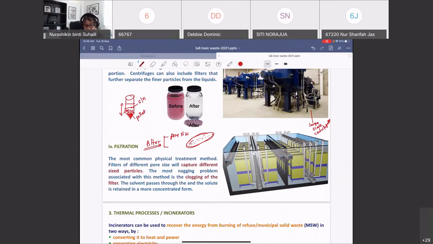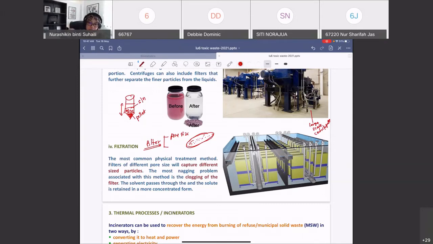So filtration is also a process used to separate toxic materials from the suspension, whatever the suspension is, by using filters with an appropriate pore size. Let's say you want to filter pathogens. You should know the size of the pathogens to make sure they are retained on the filter rather than going through.